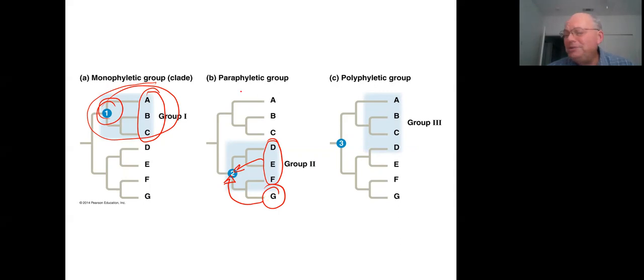So the term we use for this is to say that it is paraphyletic, a parallel phylogeny or a parallel evolutionary history, implying that G shares a common ancestor with all the individuals within the group.